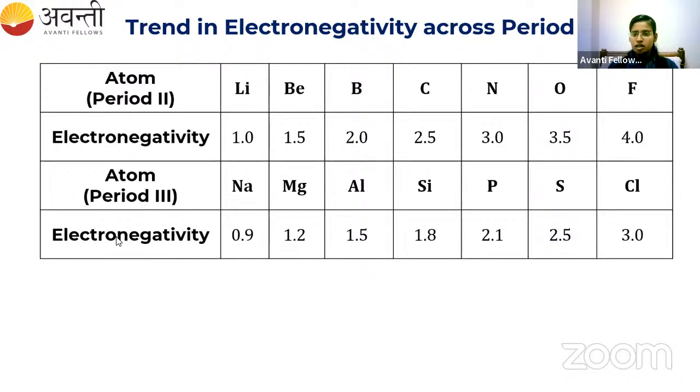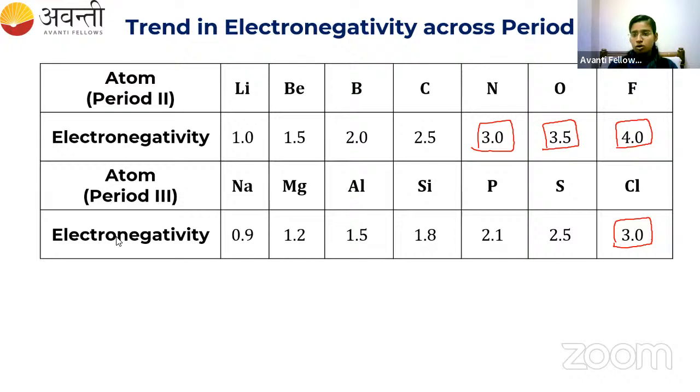So what do you observe here? 4.0 is given for fluorine and 3.5 for oxygen, 3.0 for nitrogen and chlorine. Okay, and lithium is having 1.0. So across the period, what is the trend you observe? Is the value getting increased or decreased?